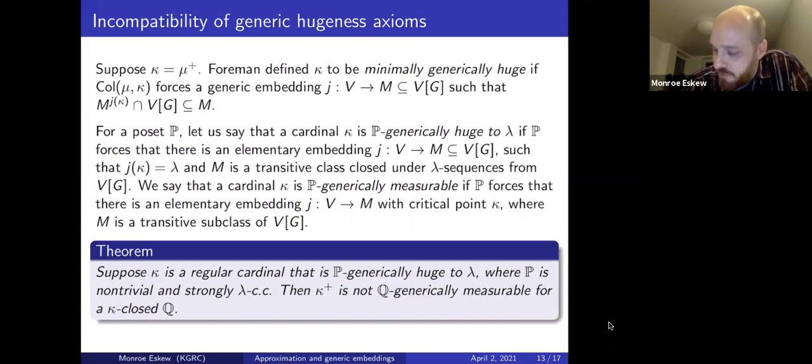Okay, still I need some definitions, because there's a more general result. I think these are natural definitions for stating what we can prove more generally.